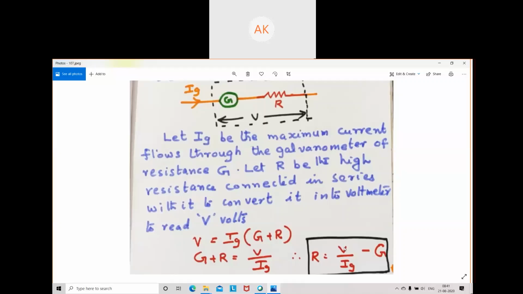According to the voltage we have to measure, we have to connect the series resistor. For that, we should know this equation: R equal to V by Ig minus G. V is the voltage that is to be measured or read in that voltmeter. Ig, maximum current flowing through the galvanometer. Capital G is the resistance of the galvanometer.